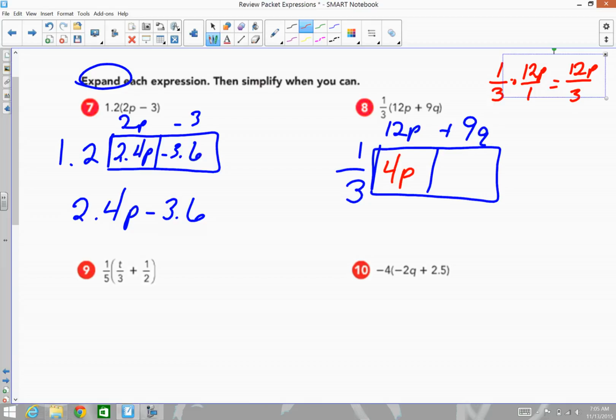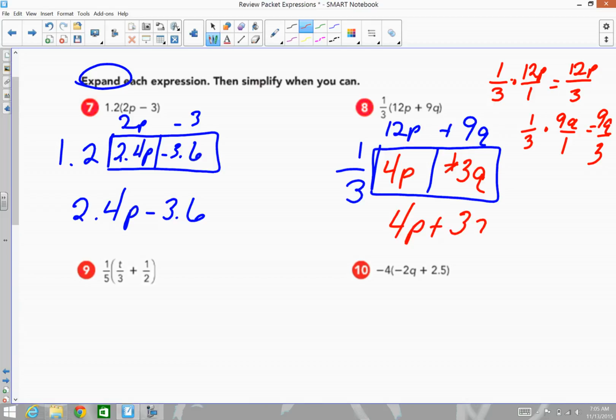Keep the p. Okay, and similarly, 1/3 times 9q over 1. 1 times 9q is 9q, and 3 times 1 is 3, but 9 divided by 3 is 3, and that's positive. Keep the q. Okay, so we have 4p plus 3q.